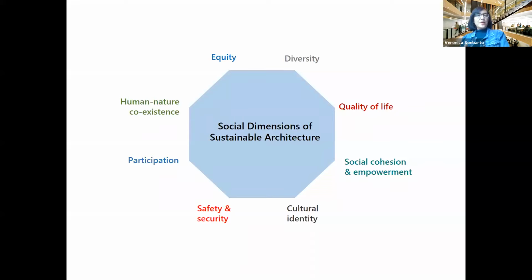We need to consider equity, that people are equal. At the same time, they're diverse, so recognizing differences to make sure that we allow participation, to ensure that people feel empowered and they feel social cohesion among people.